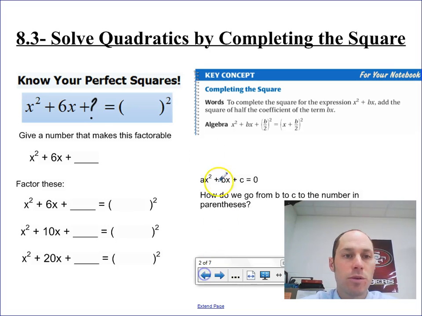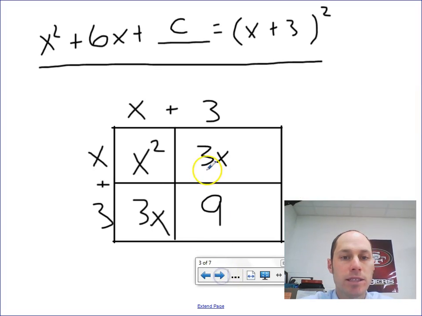So if we go back to what we were looking at here, this would have to be 9 to make this factorable, because then we could say x plus 3 squared. So then if we had another one, x squared plus 10x plus what would make this factorable? Well, if I have to split this up evenly, that would be 5x and 5x.